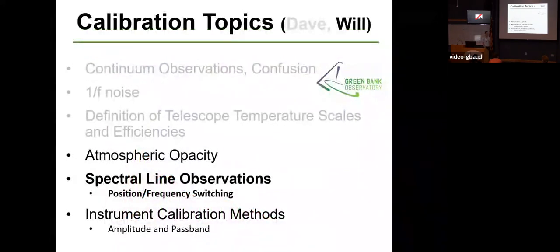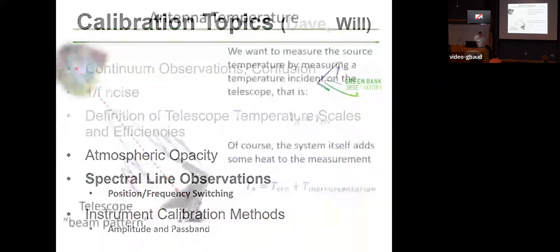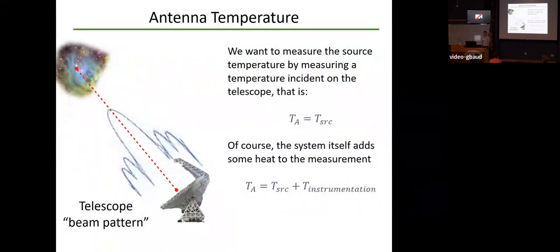Okay, so we've gone through atmospheric opacity. Let's talk about different switching methods, but first we're going to talk about why you want to use these different switching methods. What is a telescope seeing when you point it at a source? Well, we want to measure the source temperature.